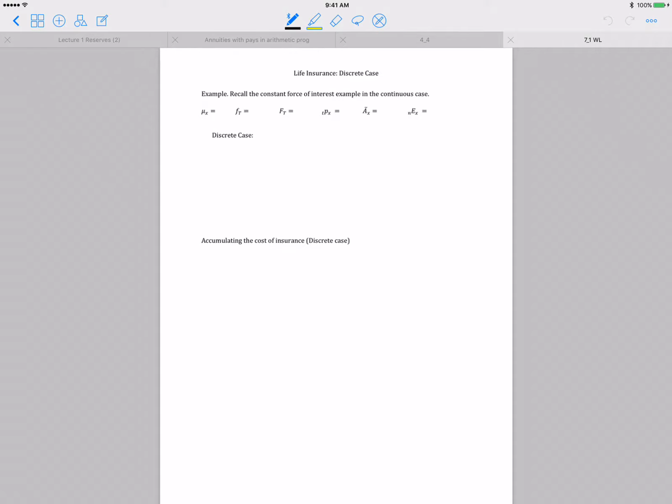Okay, finally an example. Here we're going to take a constant force of interest. Remember the analogy to the constant force of interest as far as probability distributions is the geometric distribution. But if I recall, my constant force is mu, then I have the exponential distribution. So that's my PDF.